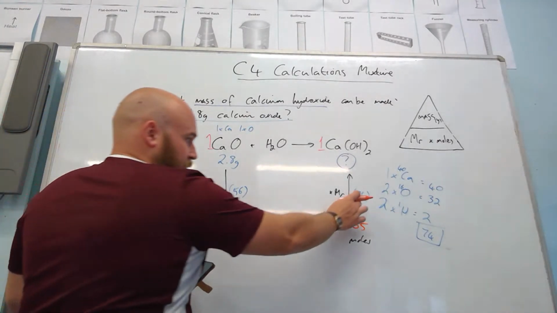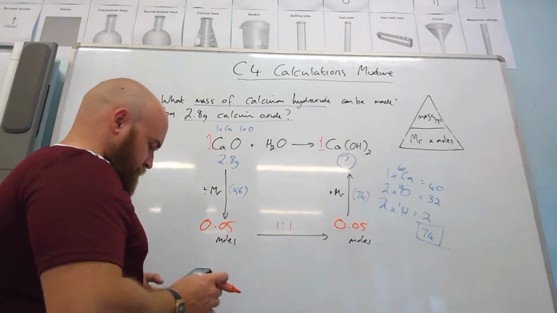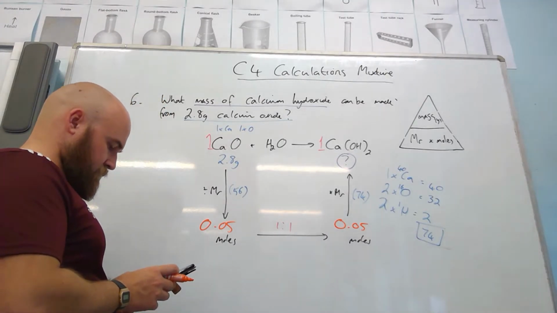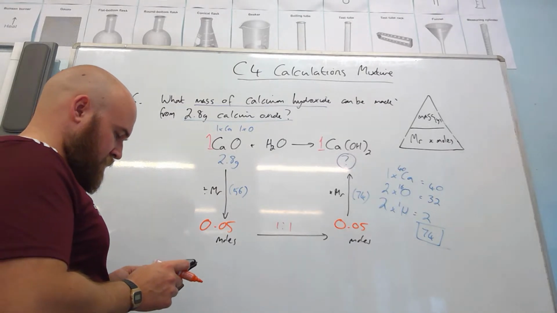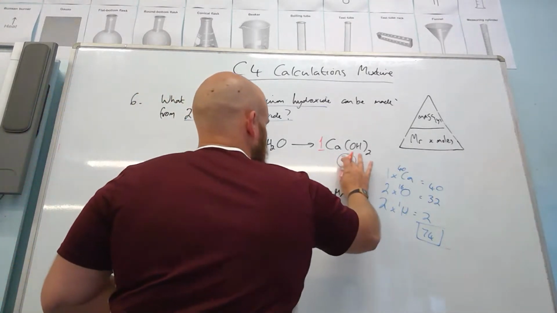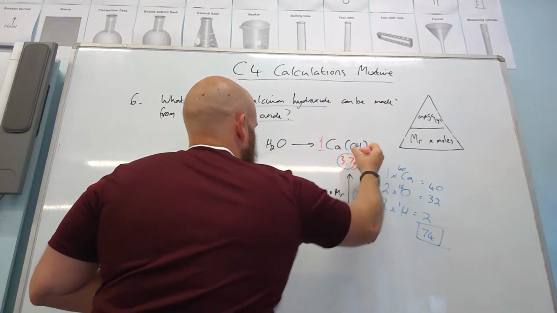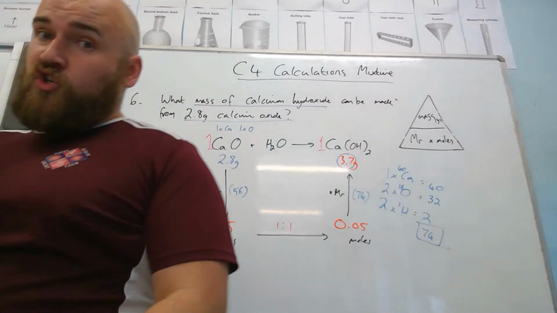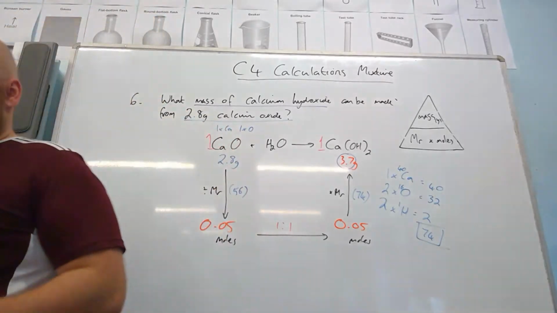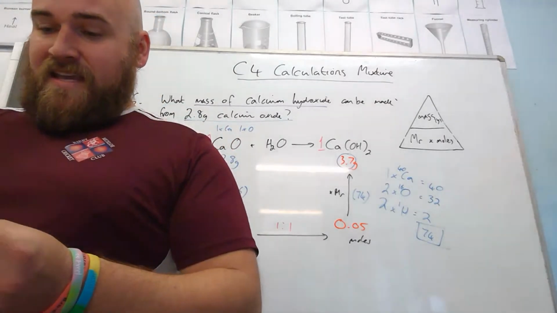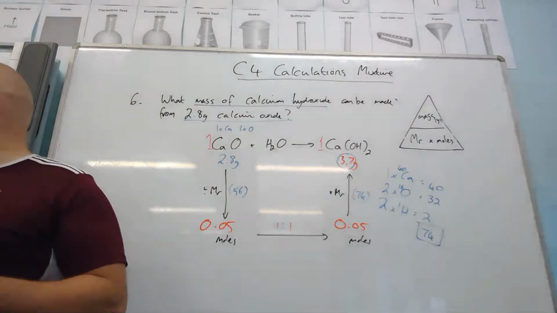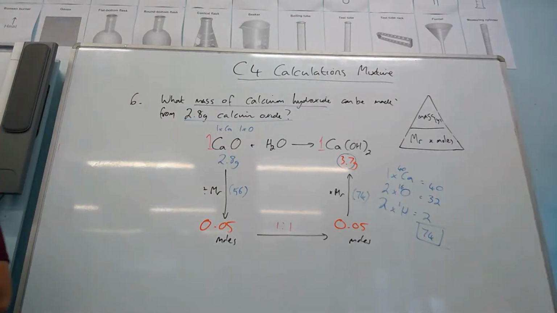And then I'm just going to times by 74, which is 3.7 grams. Yeah. So I've got 3.7 grams is how much calcium hydroxide I should get. And I use the word should there because in part B, it says that in the reaction, only 2.6 grams of calcium hydroxide is formed.